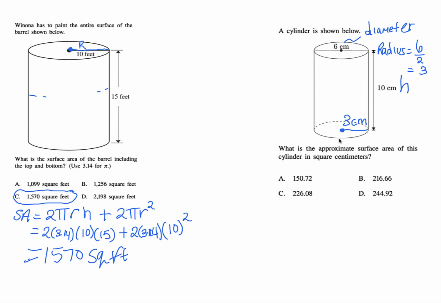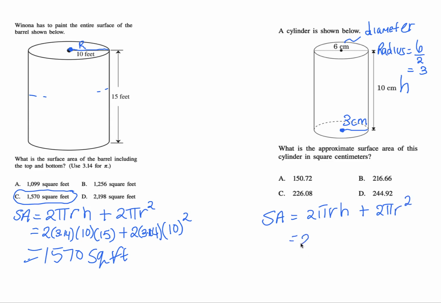Always remember, if you have any sort of circular base, they can give you radius or diameter. Always remember, if they give you diameter, you're going to have to take half of it in order to get your radius. Our formula is SA equals 2 pi RH plus 2 pi r squared.